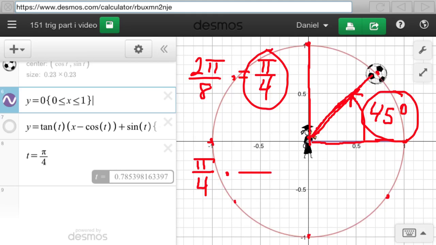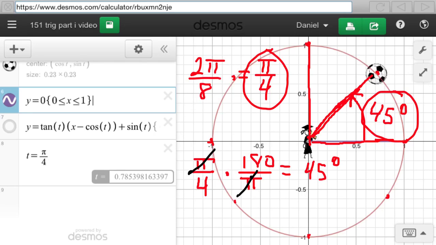So I'm going to multiply this by 180 degrees over pi radians. And then what happens here, of course, is that your pi's are going to cancel out, and you're going to have 180 divided by 4. And 180 divided by 4 is really 45 degrees.